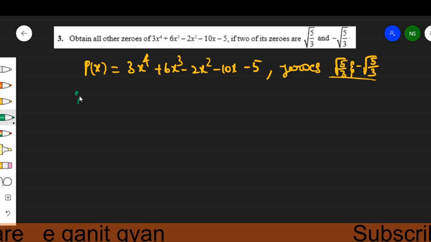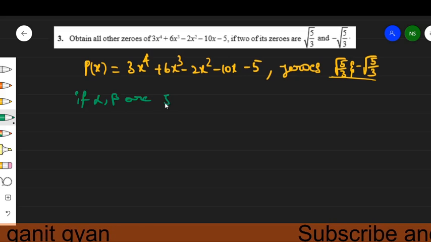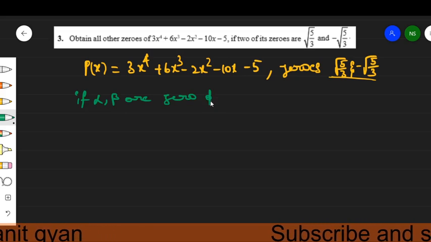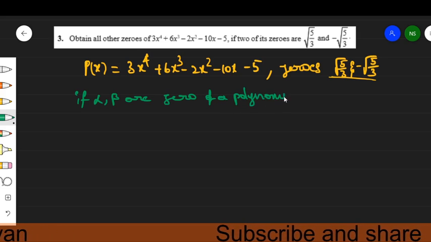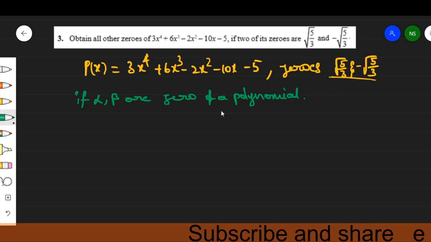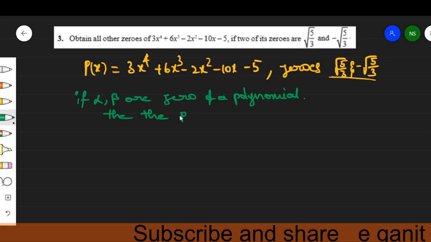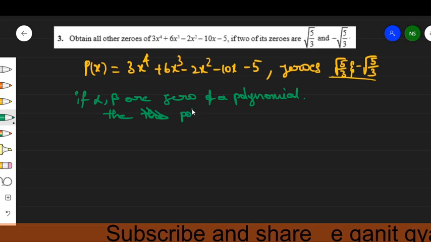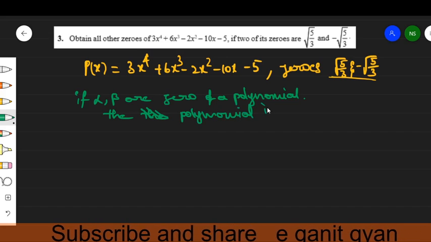If alpha and beta are zeros of a polynomial, then how can we find the polynomial?